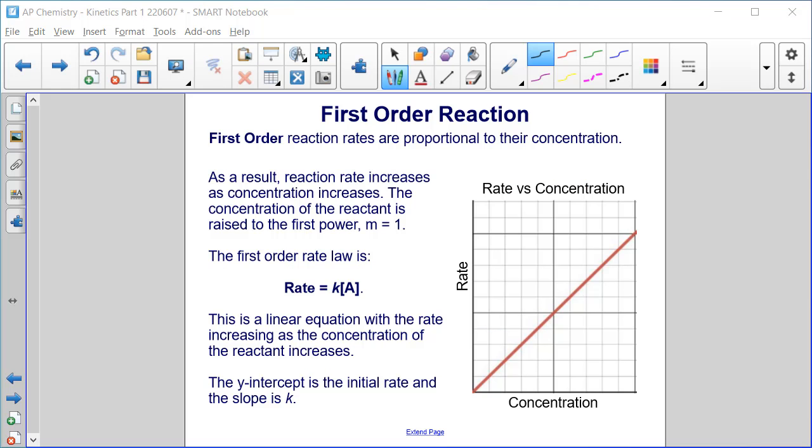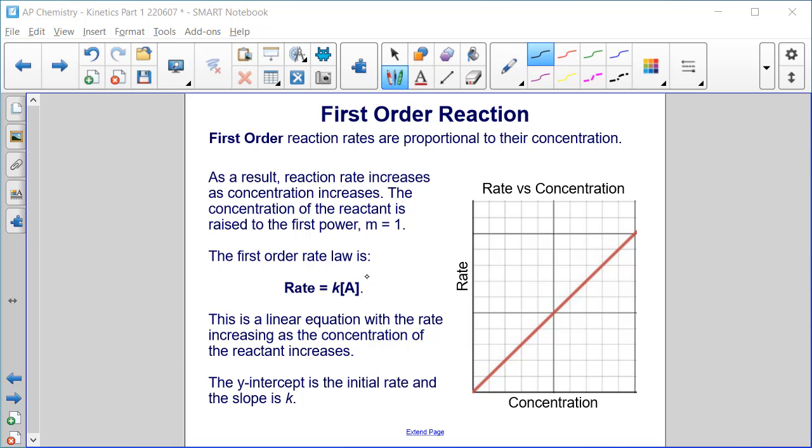First order reaction rates are proportional to their concentration. As a result, reaction rate increases as concentration increases. The concentration of the reactant is raised to the first power, or in this case, that superscript, that m value, is equal to 1. The first order rate law then is rate is equal to k times the concentration of our reactant A. Remember, we're raising this to the power of 1.